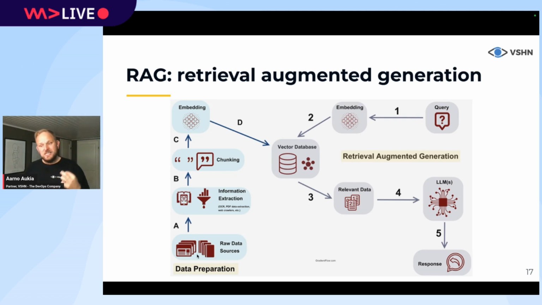You can index that first, and then when you get a question from a user, you look up the relevant part of your documentation, and then you add the question from the user and the context from your knowledge base, and give the LLM the instruction: hey, please answer this question. Here are, by the way, snippets that you might find relevant. And then the LLM knows much more about your product than if it only had what was available on the internet 6 months ago.